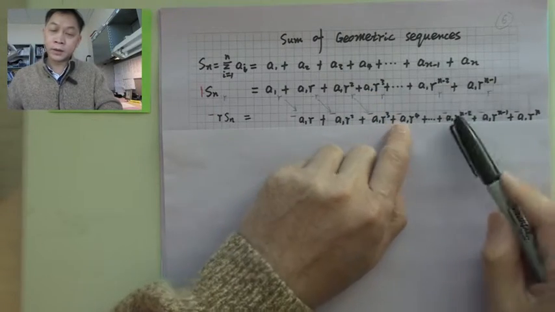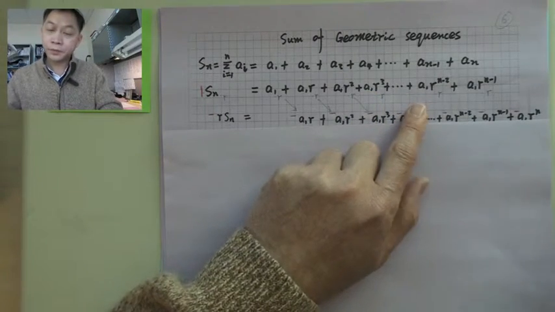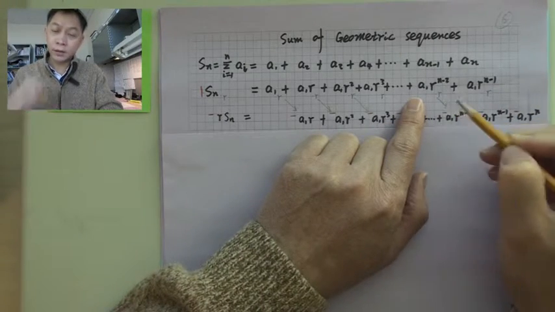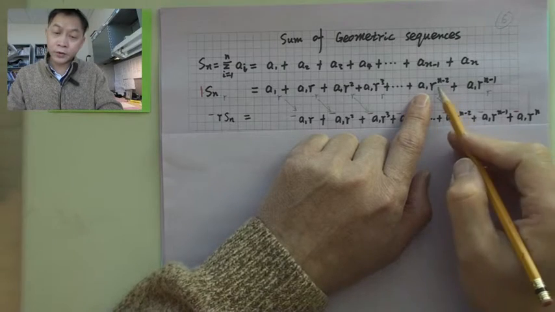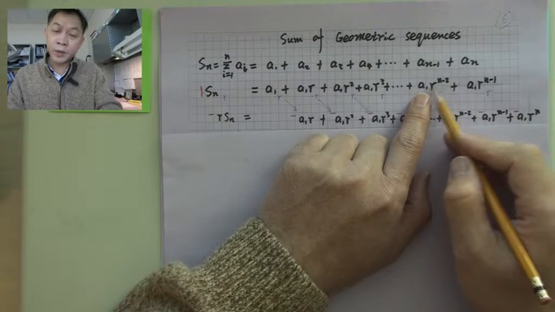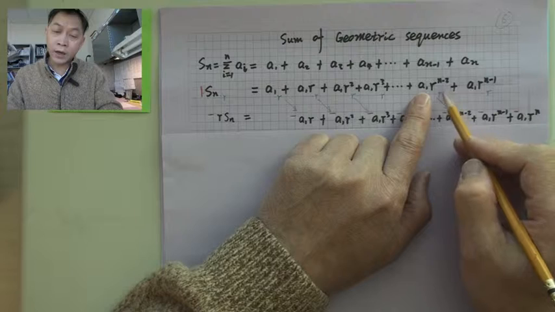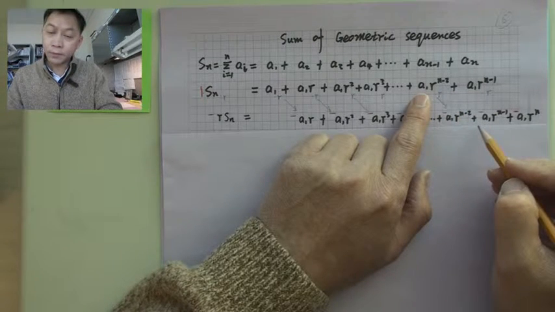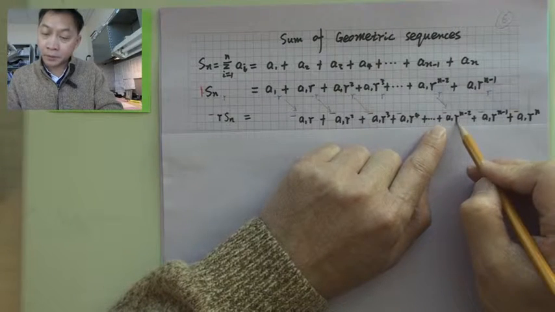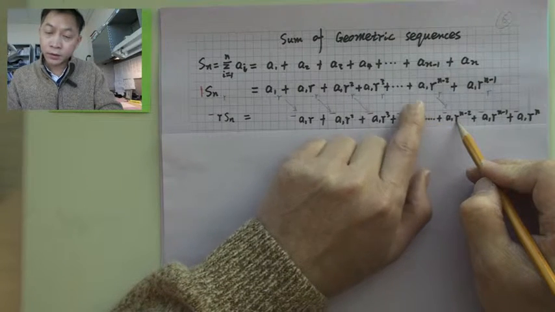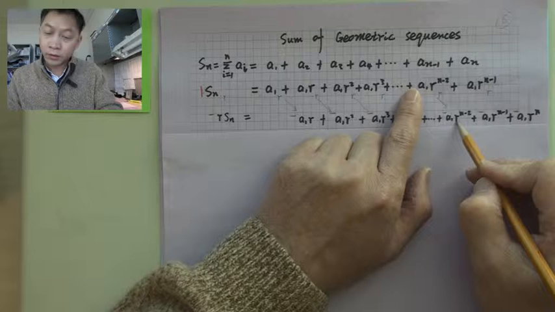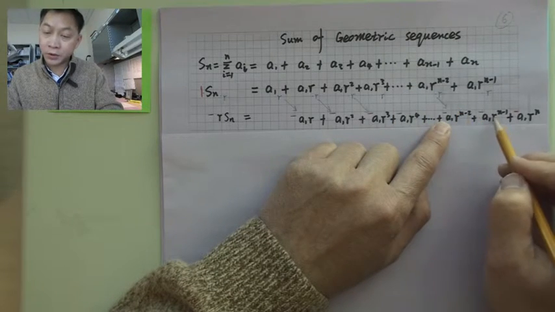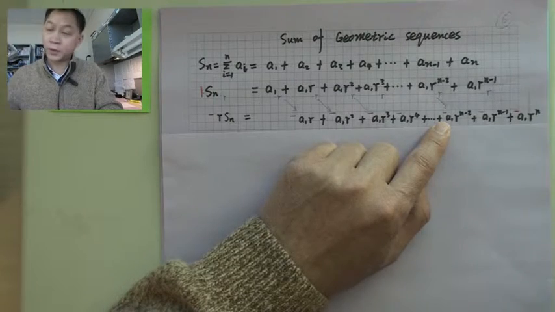And then down here, it goes like that. A1 times r to the n minus 2, you have r on that, so this one comes from the previous one and comes to here.